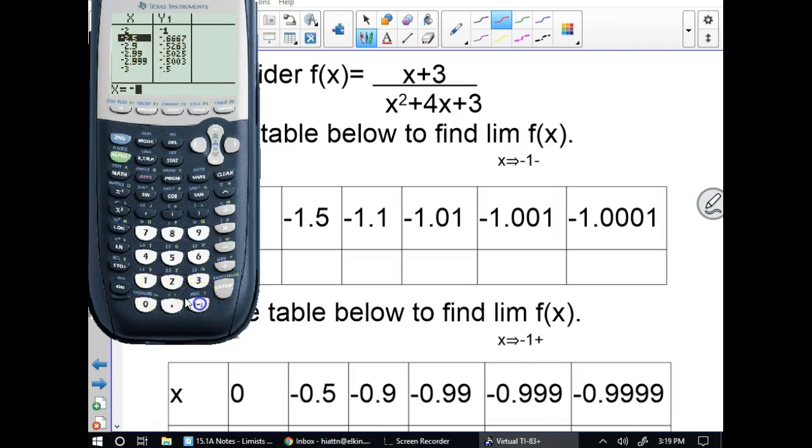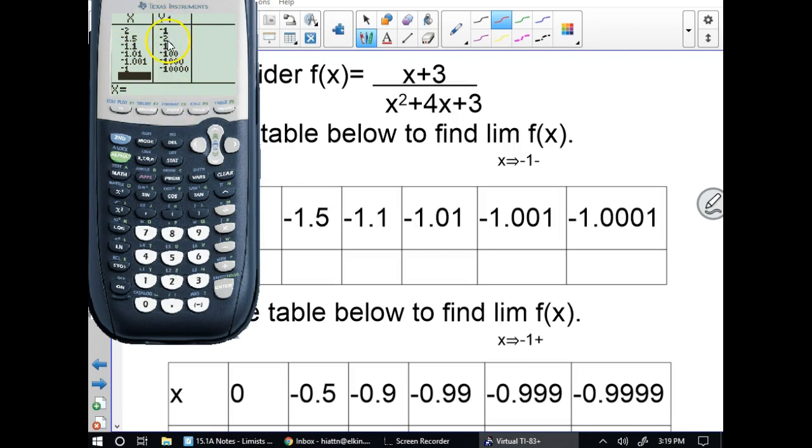We'd have -1.5, -1.1, -1.01, -1.001, -1.0001.